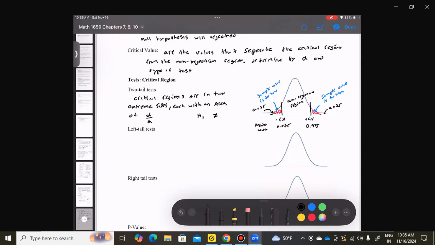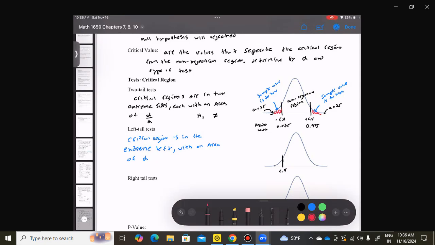Right. The left-tailed test. Let's switch colors so it doesn't blend with the top. Critical region is in the extreme left, with an area of alpha, because the whole significance level is in that extreme far left. So this is your critical value. That's the rejection region.